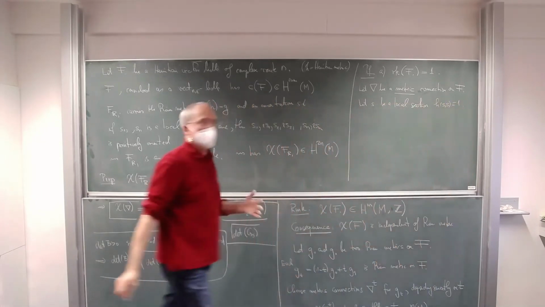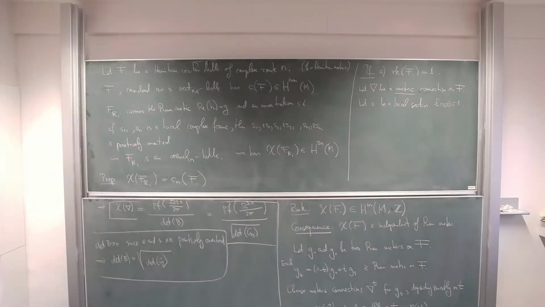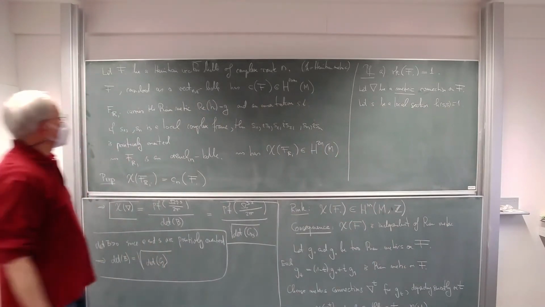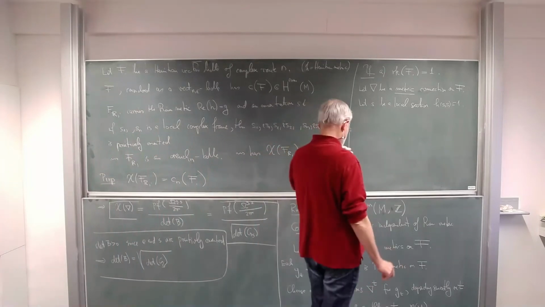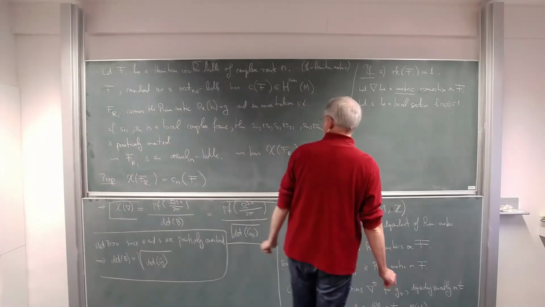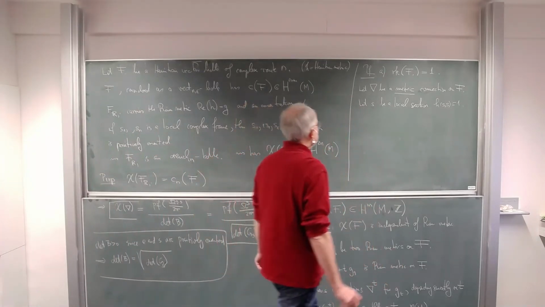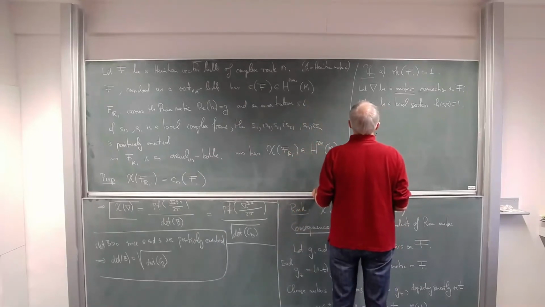So that's our orthonormal frame. And then we can compute the curvature form of nabla with respect to S. And how does the curvature matrix then look like?